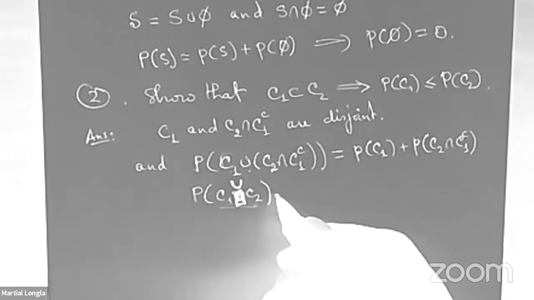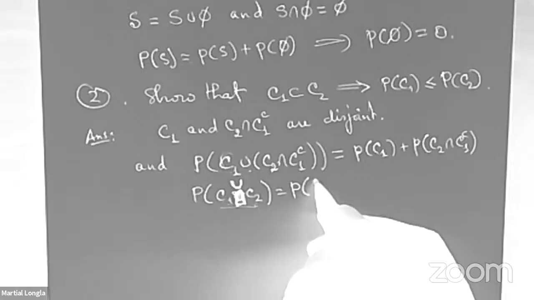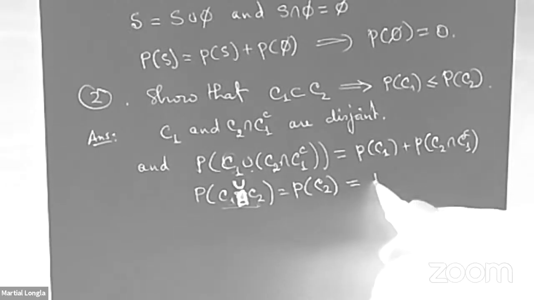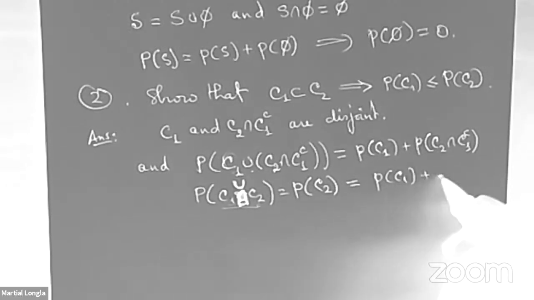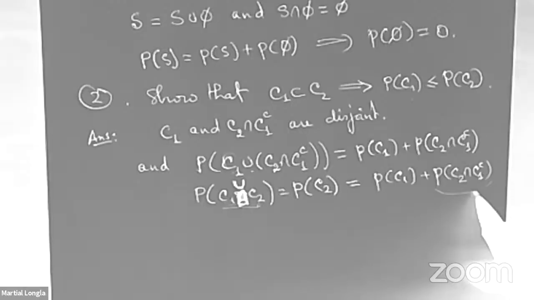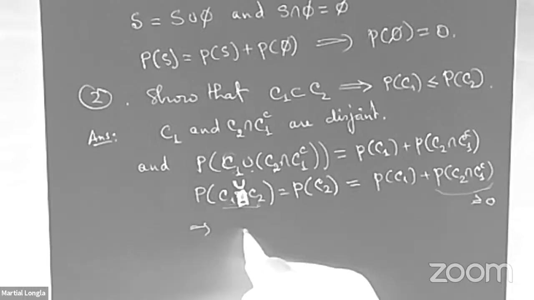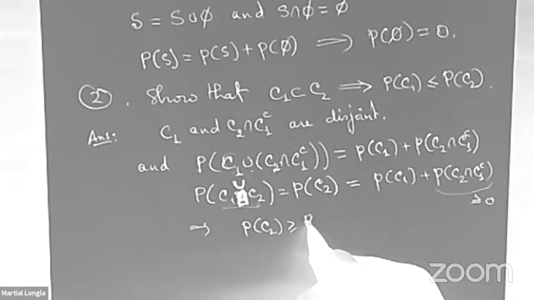And so, which is P of C2, because C1 is in C2, and that is P of C1 plus P of C2 and C1 complement. But this thing, by definition, is positive. So, the probability of C2 is larger than the probability of C1.